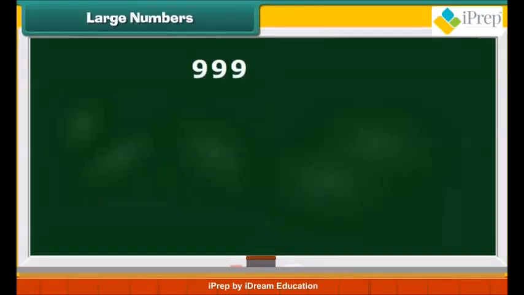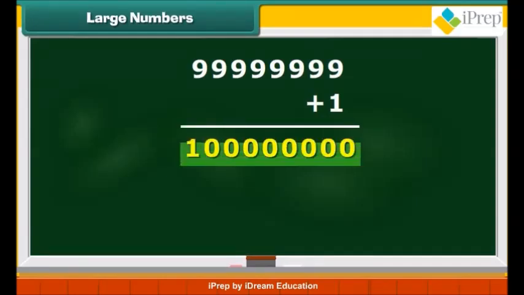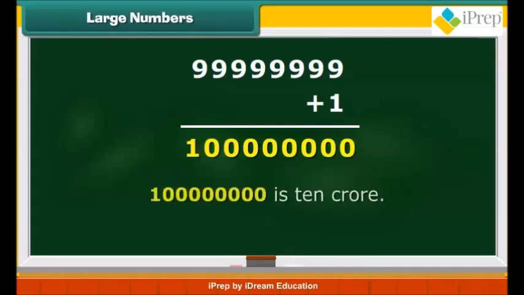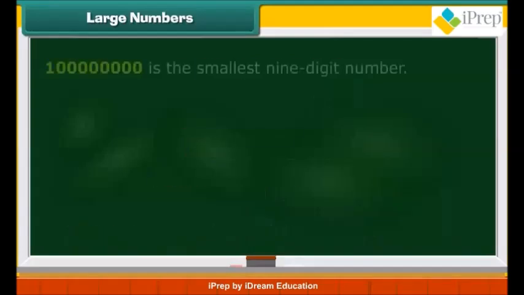The largest 8-digit number has 8 nines in it. Add 1 to it. What do you get? 1 followed by 8 zeros. This number is known as 10 crores. It is the first 9-digit number. 10 crores is the smallest 9-digit number.